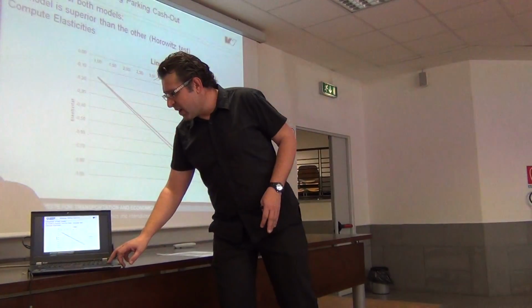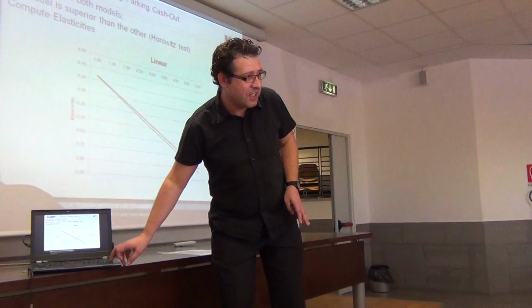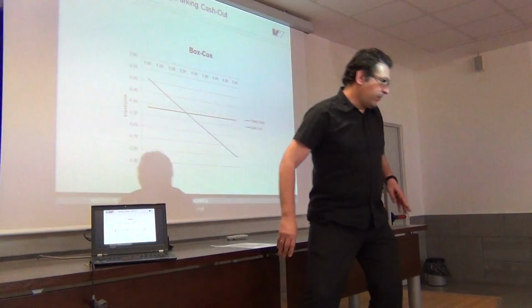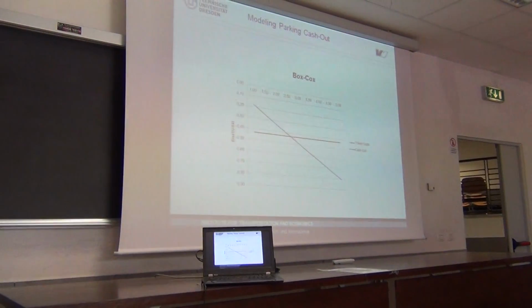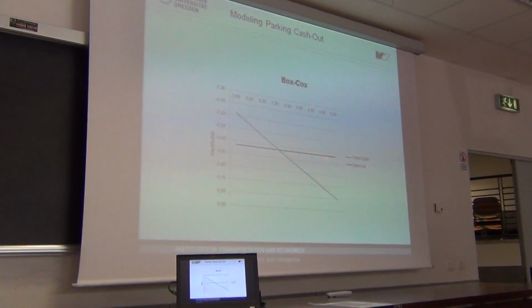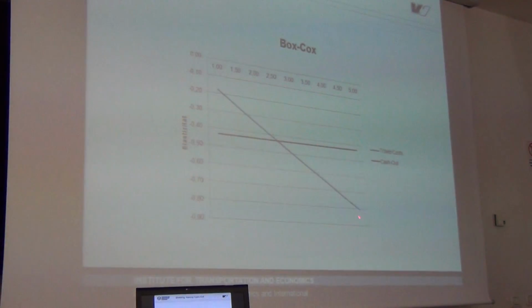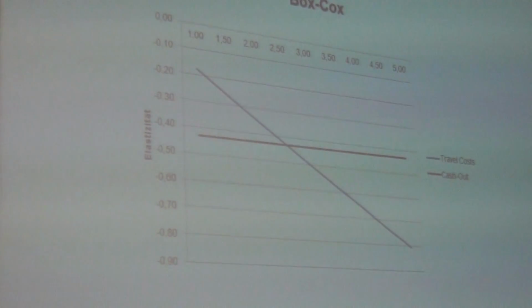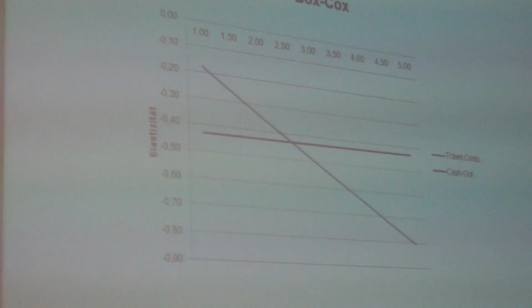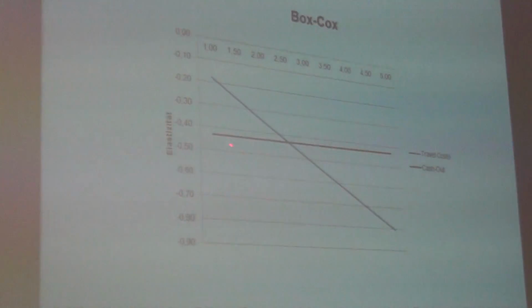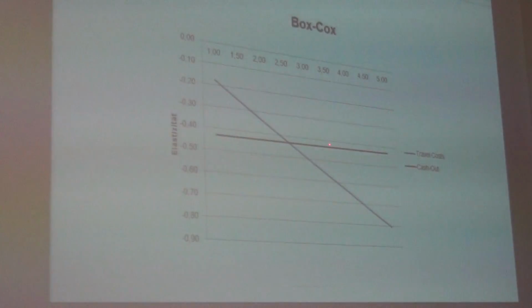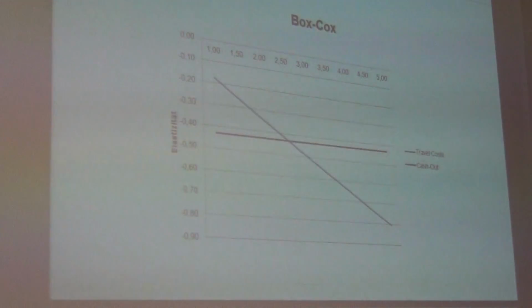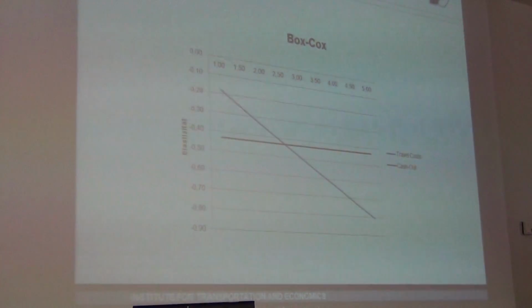On the other hand, if we compute the elasticities for the nonlinear model, then I can find an isoelastic demand function for cash out and a certain elasticity for the travel costs, which would imply that there are regions where the cash out option performs better, and regions where it does not perform as well compared to road pricing. And exactly these results puzzle me, because we don't know which model is better.